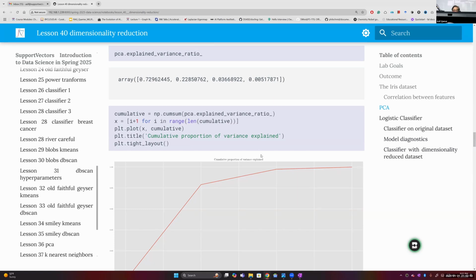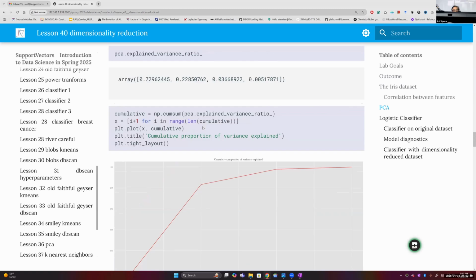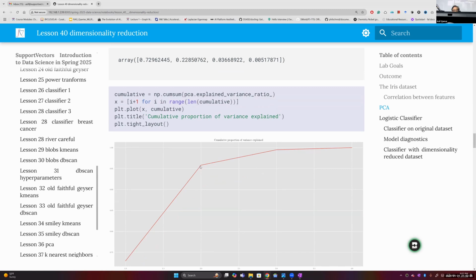Now, this is the cumulative value. The second principal component adds another 23% to it, so that the cumulative goes now to about 96%. Right. 96% of the variance is explained. If you go to the third component, it adds only 3 or 4%. And by the time you reach, of course, the fourth, you add all of it. The residual amount is in the fourth.